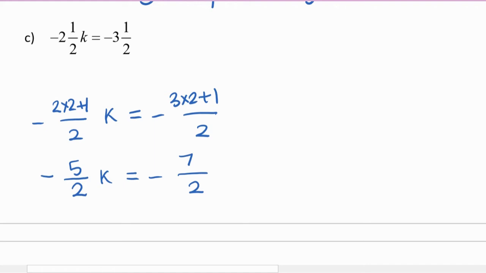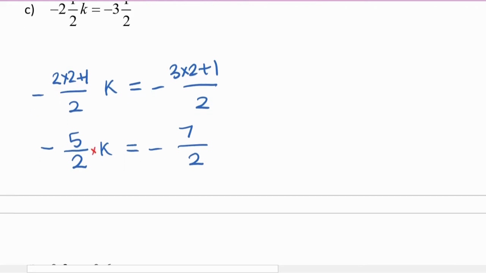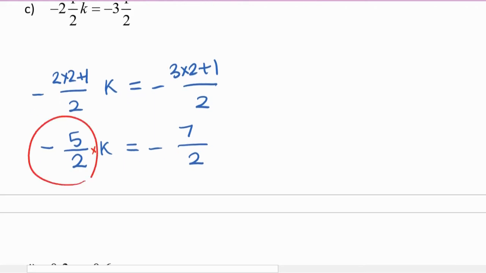What's hiding in between k and negative 5 over 2? Right, multiplication. So we're going to get rid of this number by dividing by negative 5 over 2. Dividing a fraction is the same as multiplying by the reciprocal, so I'm going to flip this number.